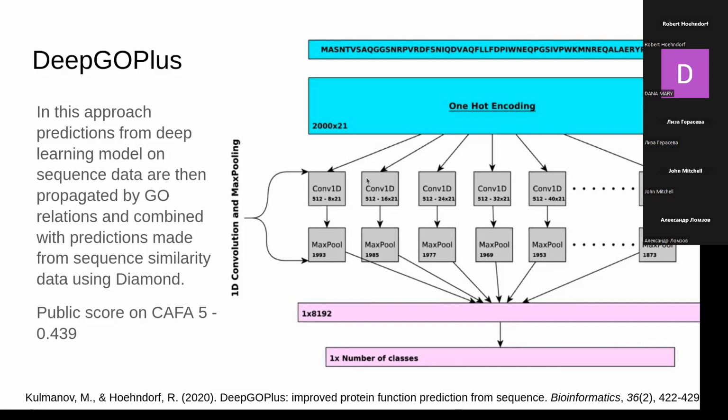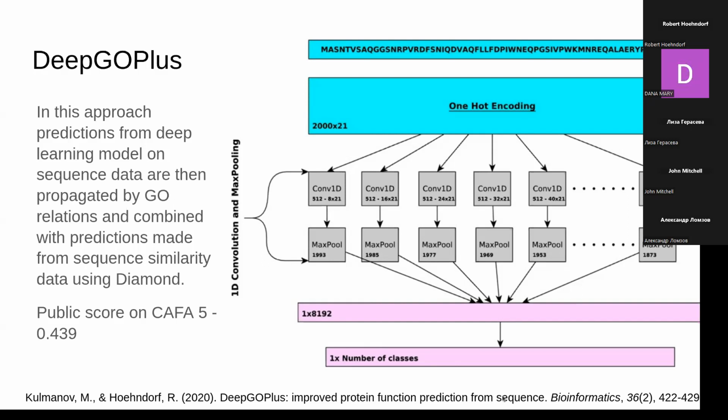And they used a set of different convolutional layers with different strides and kernels. This helped to improve the score, and it helped to obtain more features from the final layer.